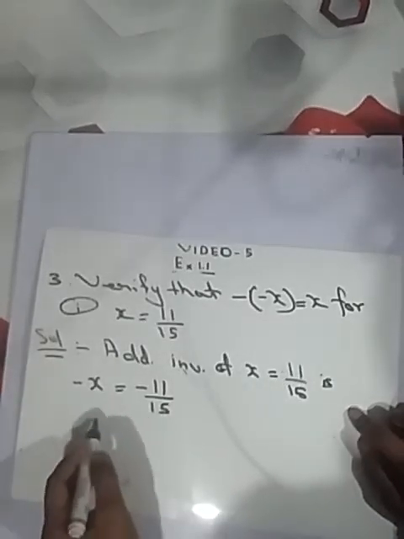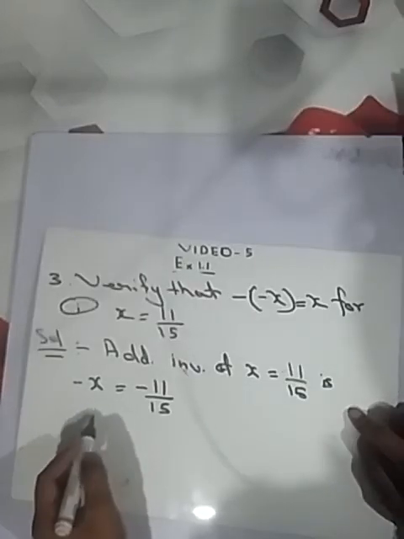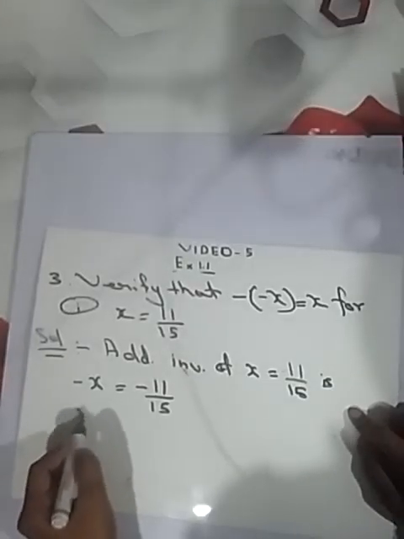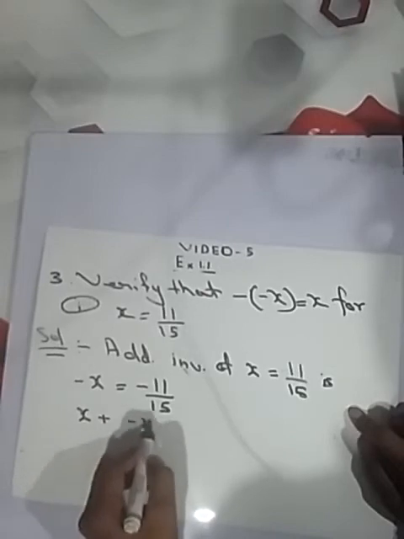And we know that when an additive inverse of any number is added with that number, the result is always 0. That is, if you add x plus minus x, it will be 0.